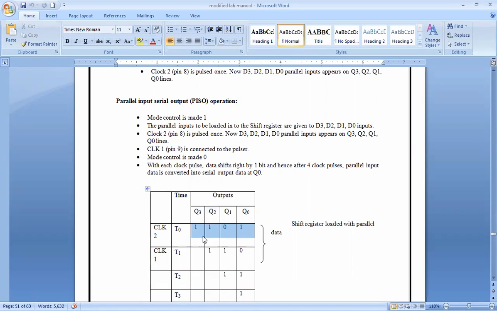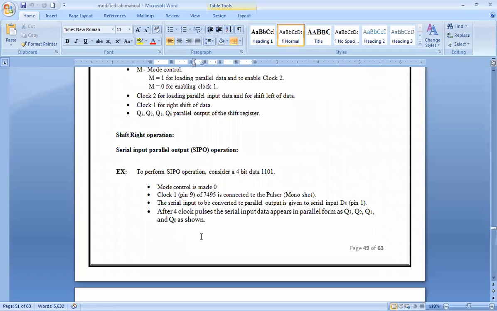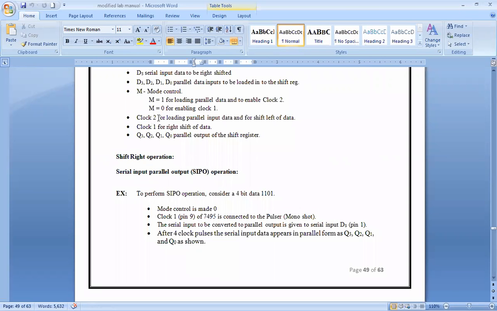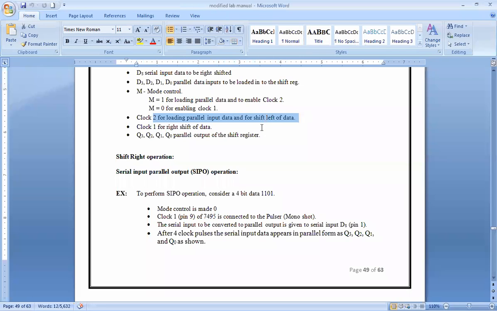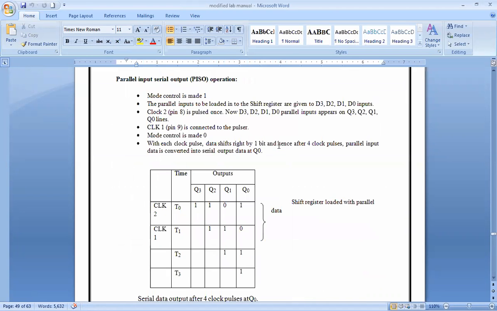If you can see here, clock 2 is actually for loading parallel input data and shift left of data. So that is the importance of clock 2. So parallel input is enabled and shift left of data happens.